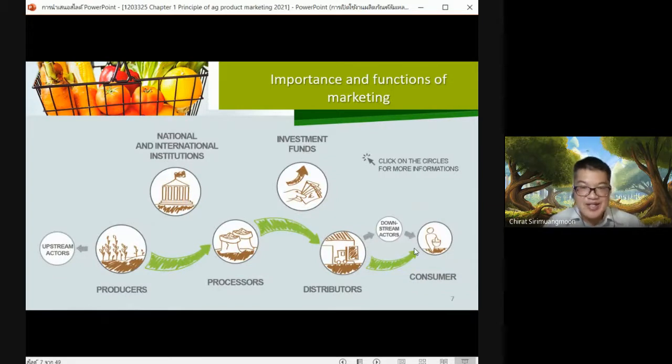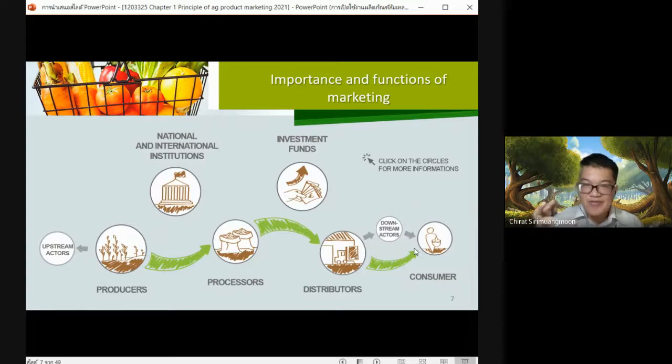Like here, this picture presents the whole process from the upstream, at the origin, to downstream, the consumers. But there are many persons and organizations involved in this whole process. It starts from the producers, then they send, in this case, agricultural products, the raw food materials, to the processors to change the form, to extend the shelf life, to make different shapes and sizes.